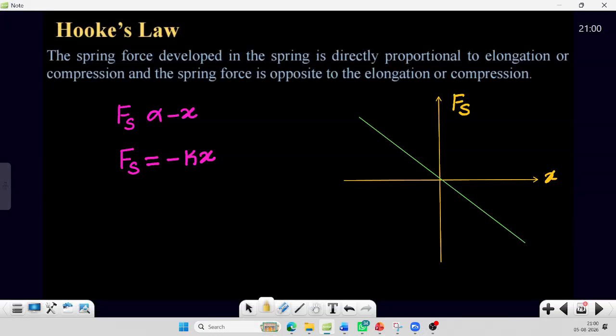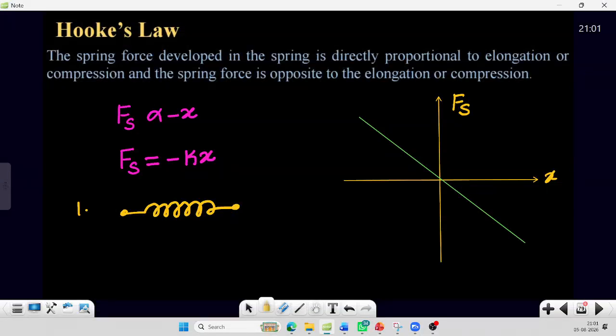Now, let's see some points about the spring force. Just imagine we have a spring placed here.